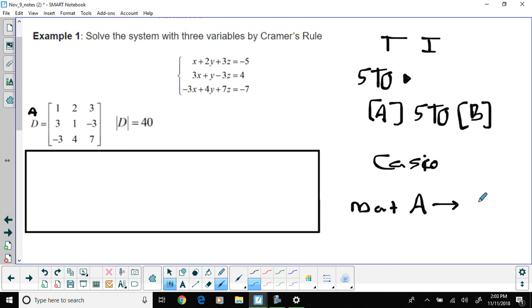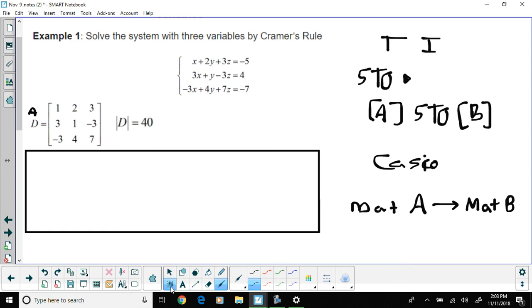That's the one I use. Then I would hit the OPTN Mat button again and make sure I say Mat B. And guess what? Now matrix A is stored as matrix B.